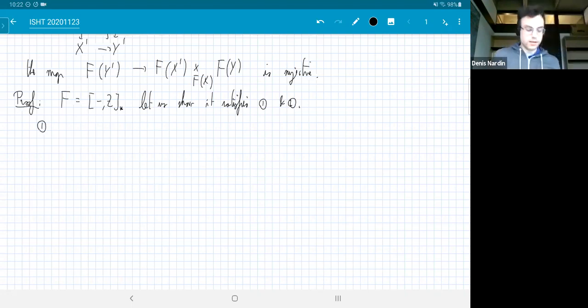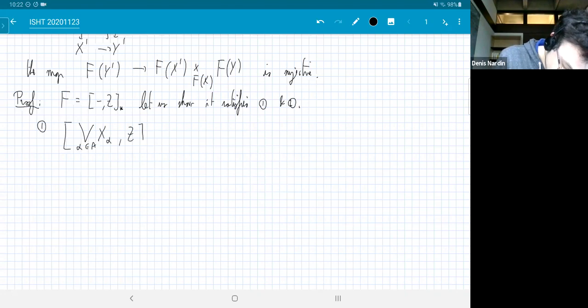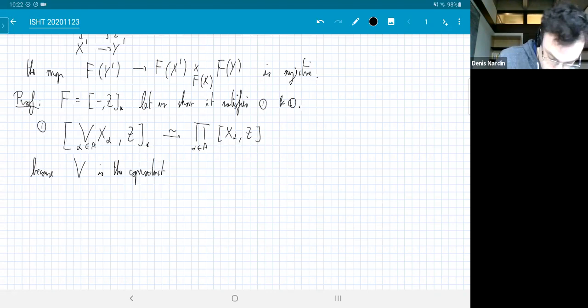So 1 is just because the wedge is the coproduct, if you want, and pi 0 respects products.